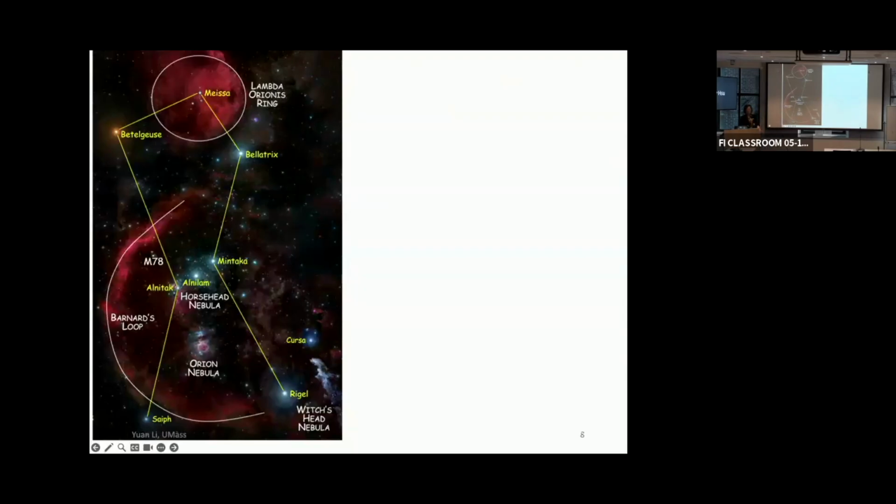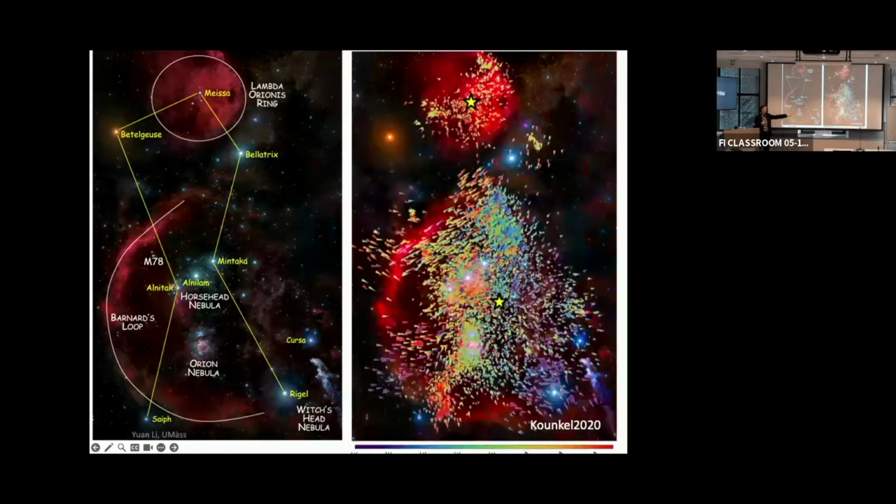And if we look at the stars in there, when I showed this to an artist, they said, wow, they look like little fish swimming in the ocean. And I do think in some ways stars are like little fish swimming in the turbulent ISM ocean.